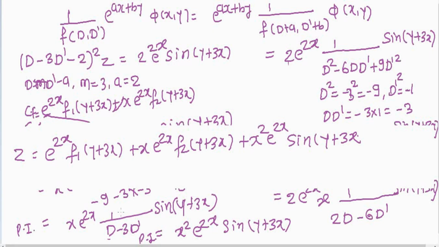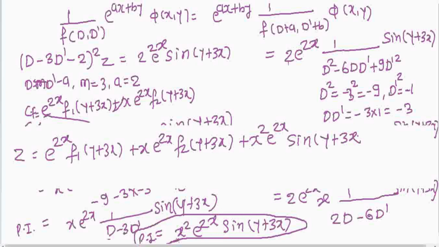So we have the failure case again, and therefore the original integral is 1 divided by (D minus 3D dash) into sine of (y plus 3x). We differentiate this with respect to D, and when we differentiate we multiply by x, and we get x square e raised to 2x into sine of (y plus 3x). This is my particular integral in this case.